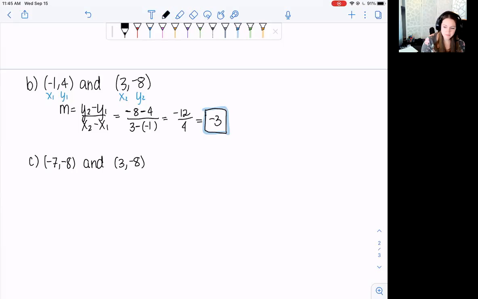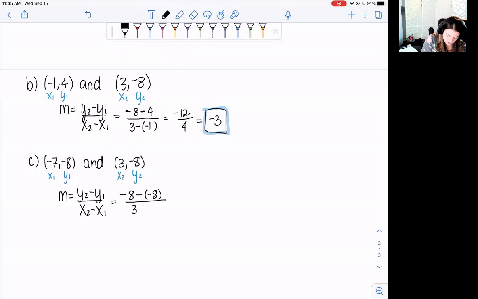All right, so let's try this. -7, -8, and 3, -8. And once again, my formula, y2 minus y1 over x2 minus x1, x1, y1, x2, y2. So we have -8 minus -8, and then on the bottom, we have 3 minus -7.